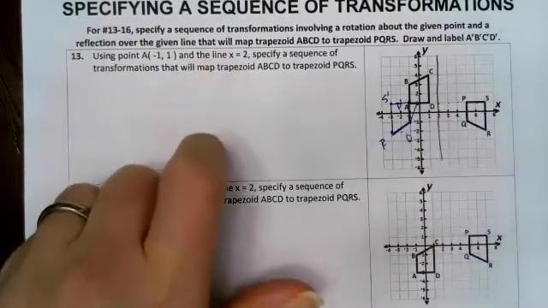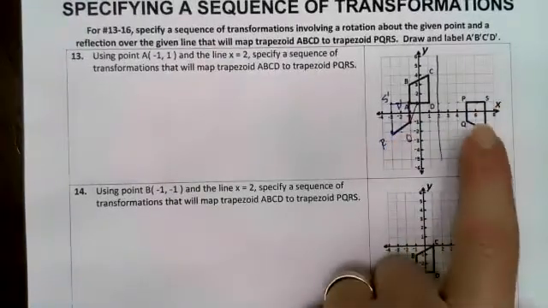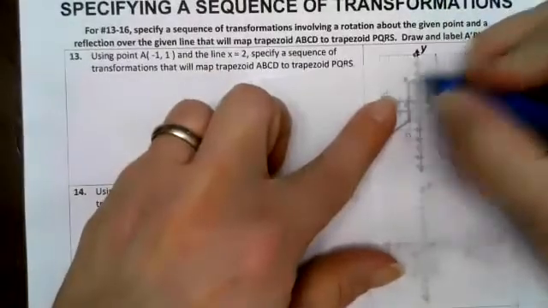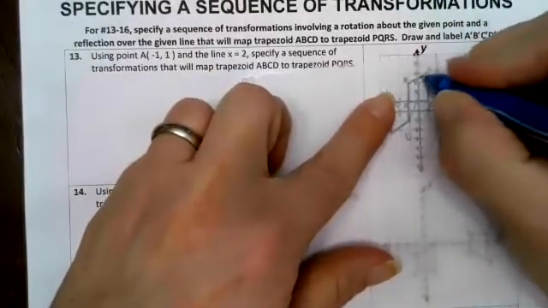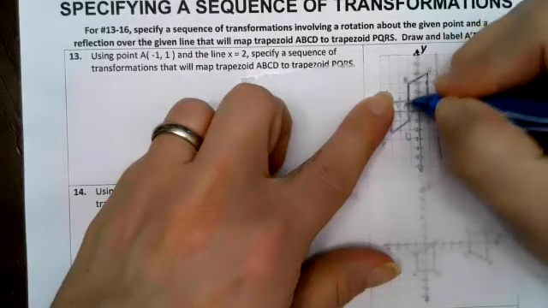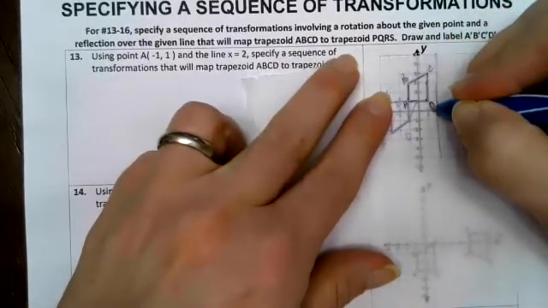All right, so now this ABCD needs to rotate to this, so then I can reflect it over. So A, my B, my C, my D.